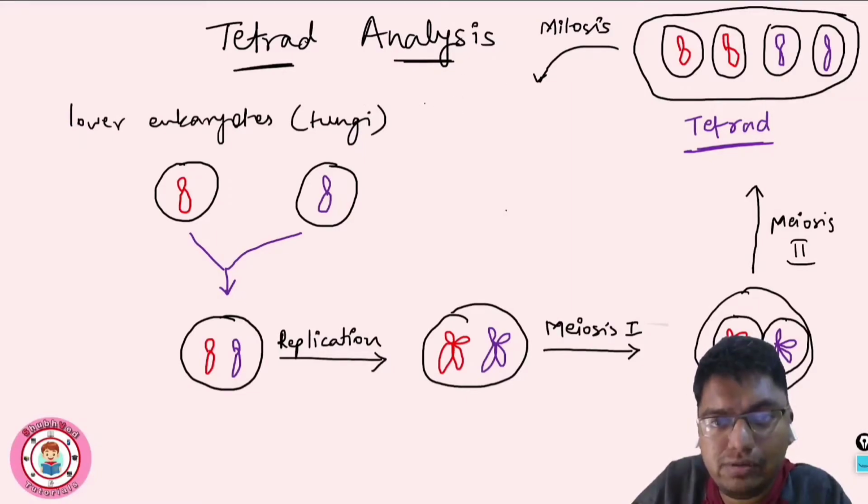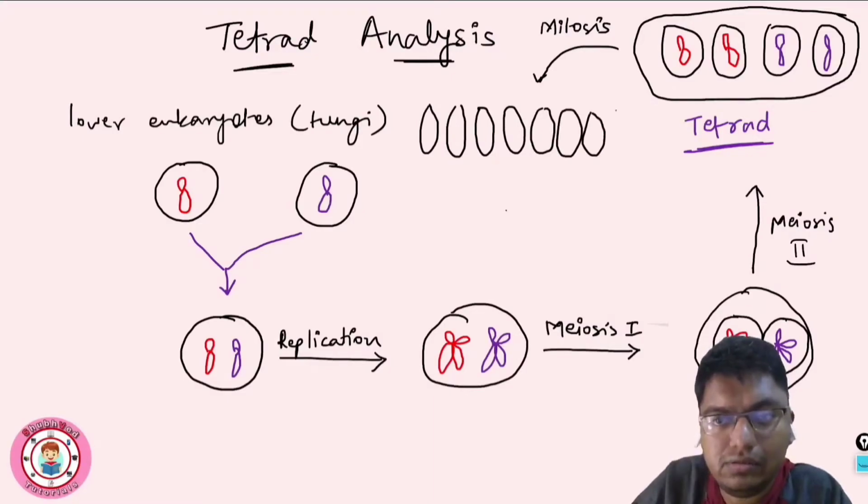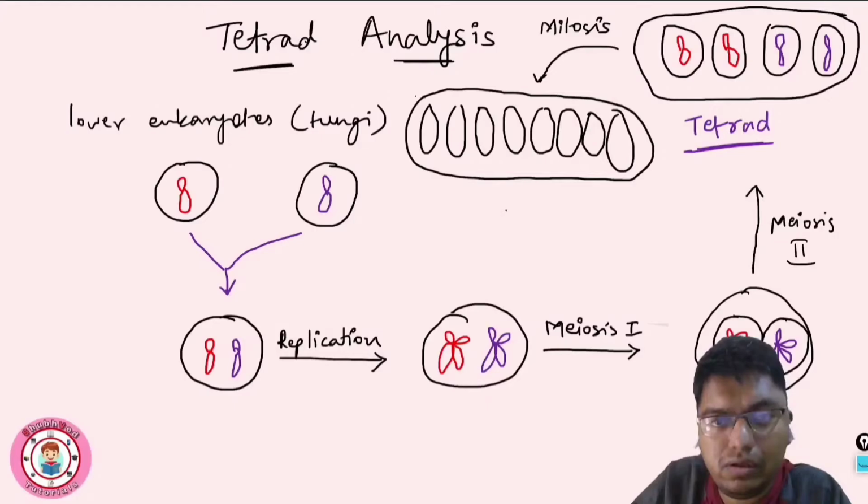This is one, 2, 3, 4, 5, 6, 7, 8, enclosed in a sac.